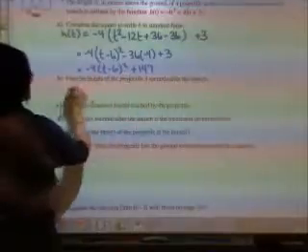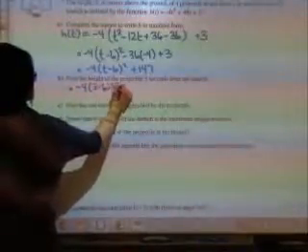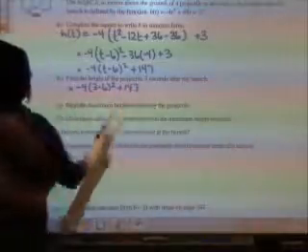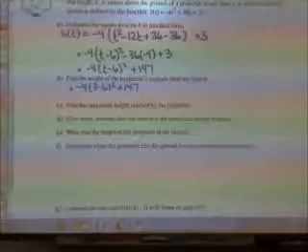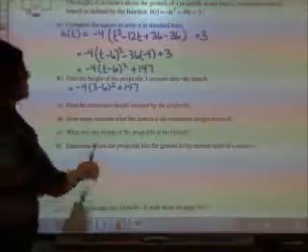If I look at question B, find the height of the projectile 3 seconds after the launch. I can put 3 into this formula and solve for height. So 3 minus 6 is negative 3, squared, 9, times negative 4 is negative 36.